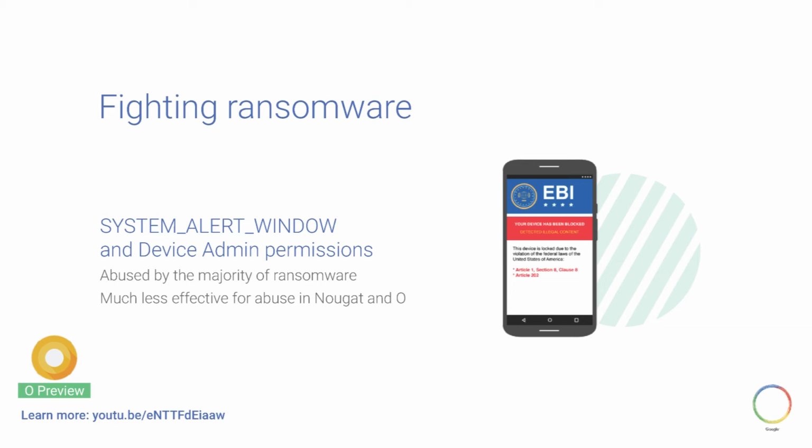This includes the system navigation bar, the notification shade, and the settings, and any other dialogues that the system may pop up. And the user now gets a notification to say that your application is drawing on top of other applications. We have also descoped the device admin permission to make sure that applications can no longer be prevented from being uninstalled, and they can't change the unlock code on the device.